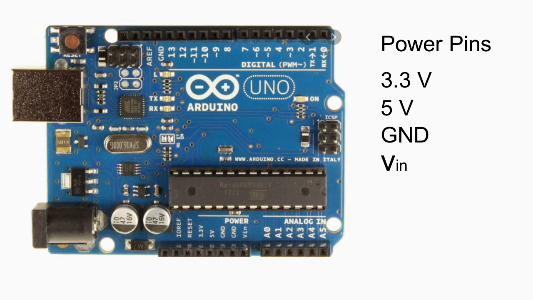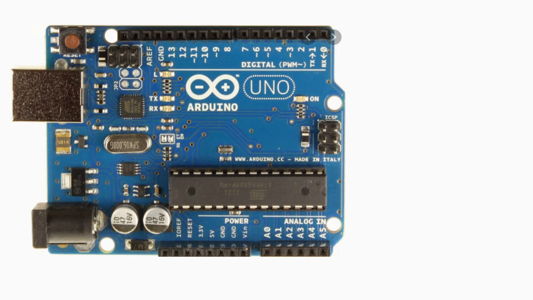Most of the components used with Arduino board work fine with 3.3 volt and 5 volt. Ground. There are 3 ground pins on Arduino, and any of these can be used to ground your circuit. V-in. This pin can be used to power the Arduino from an external power source.